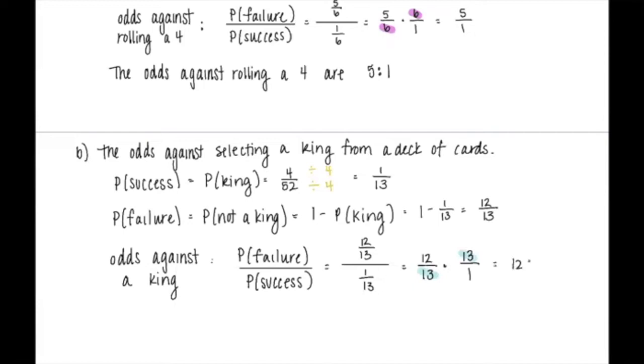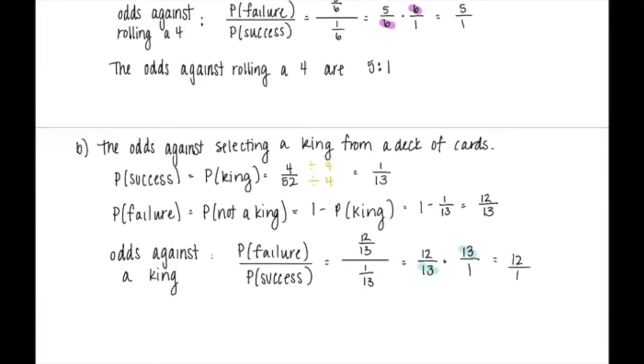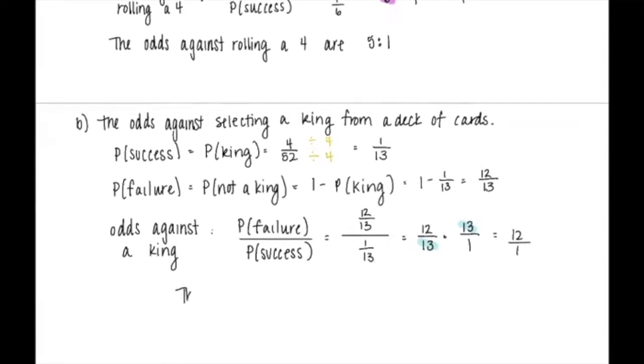So you get 12 over 1. So the odds against a king are 12 to 1. And 12 plus 1 gives you 13, which is the denominator of our probability. We're going to need that very soon.